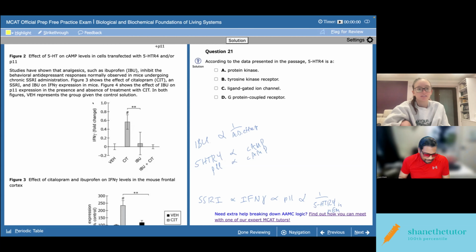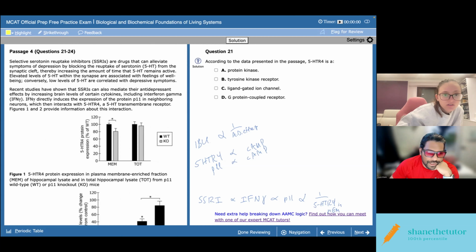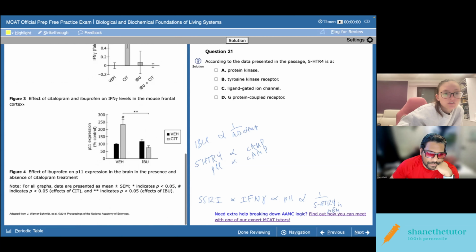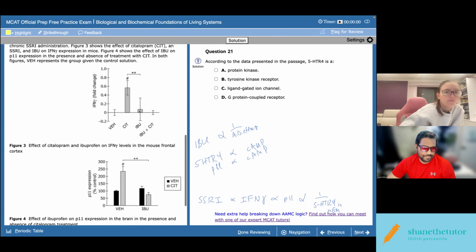Okay. So the SSRI on its own obviously has really high levels of antidepressant effect, right? Brain levels of certain. Yep. Wait, but they mediate their antidepressant effects by increasing this. So SSRIs on their own increase this a lot.